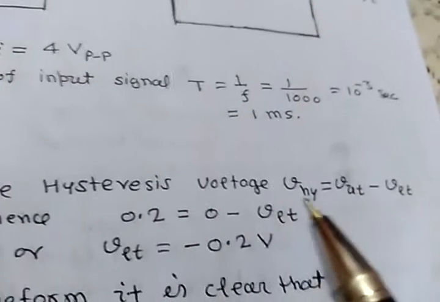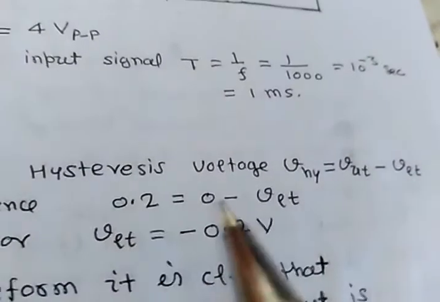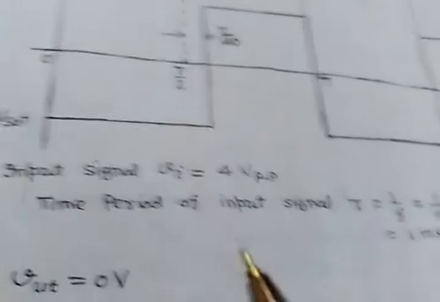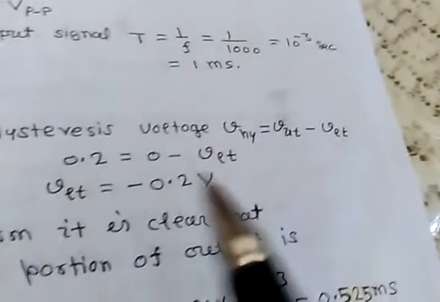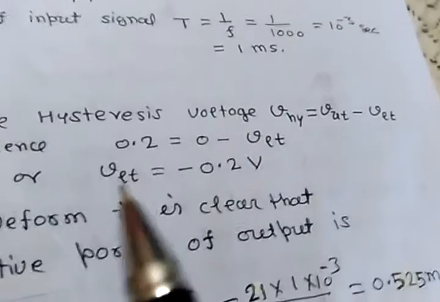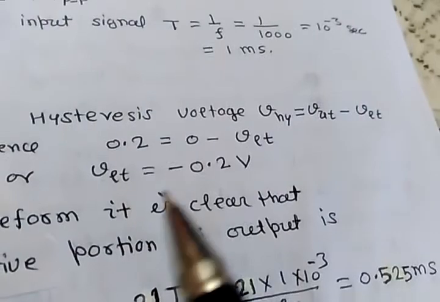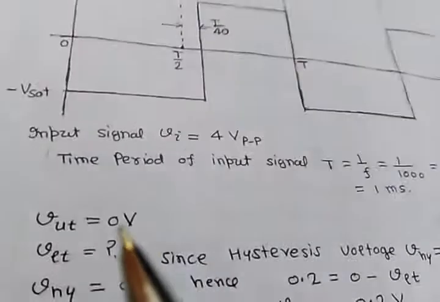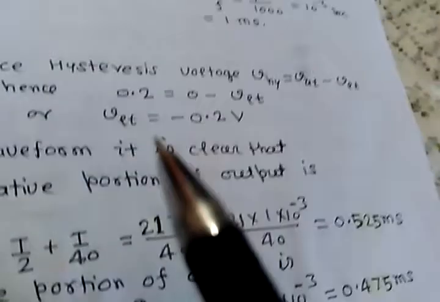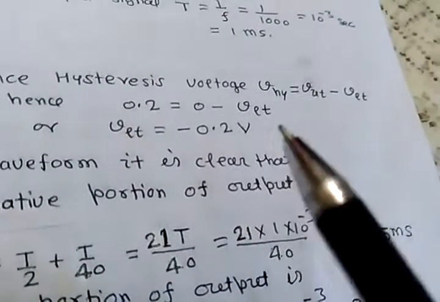VHY, hysteresis width, is given as 0.2 volt. Upper threshold voltage is also given as 0 volt right here. In this way, we have calculated VLT equals minus 0.2 volt. Upper threshold voltage is 0 volt and lower threshold voltage is minus 0.2 volt.